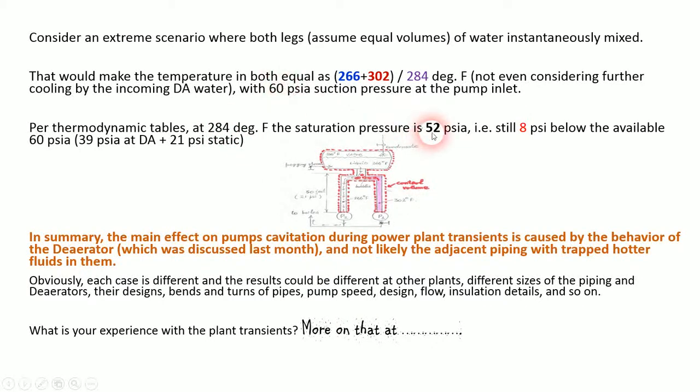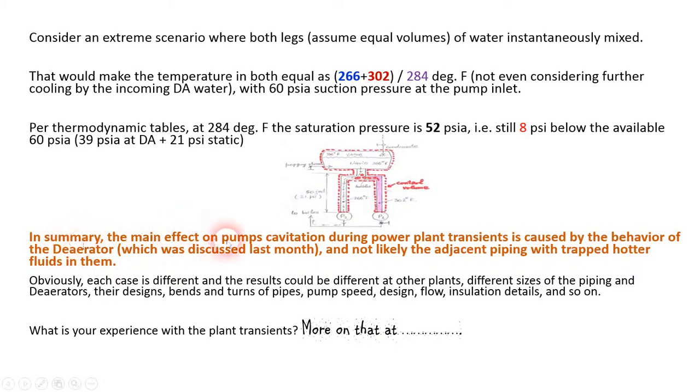So we are 8 psi greater, which is good news. The vapor pressure is 8 psi below the available 60 psi, 39 plus 21 static. That means we're 8 psi, which is roughly 20 feet. If you take 8 and multiply by 2.31 over specific gravity, you get approximately 20 feet.